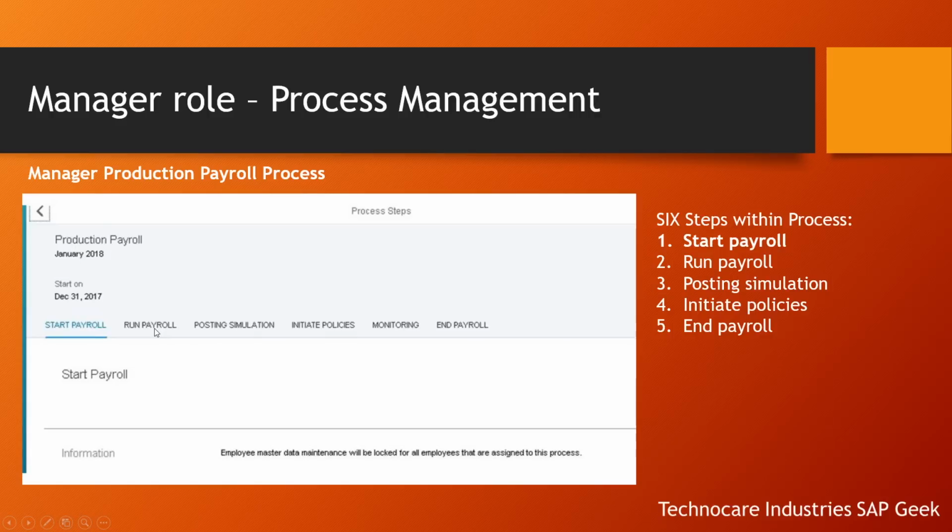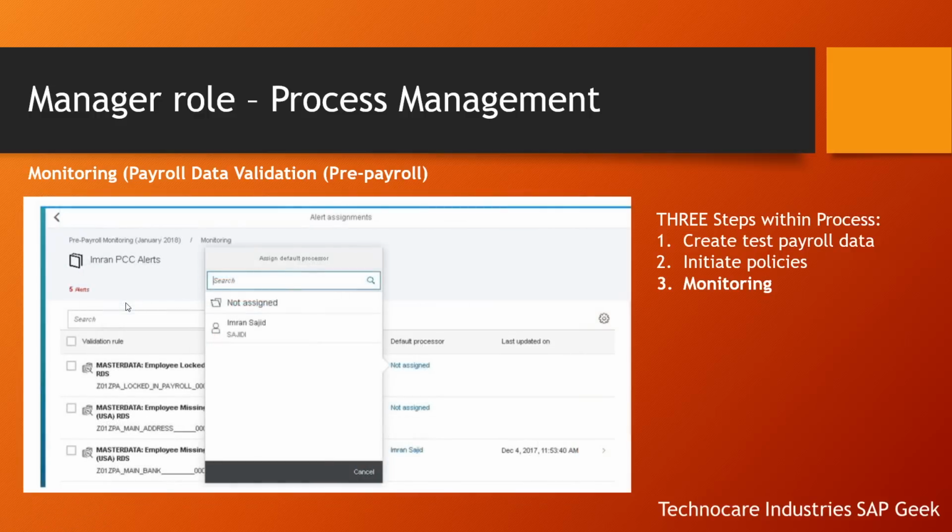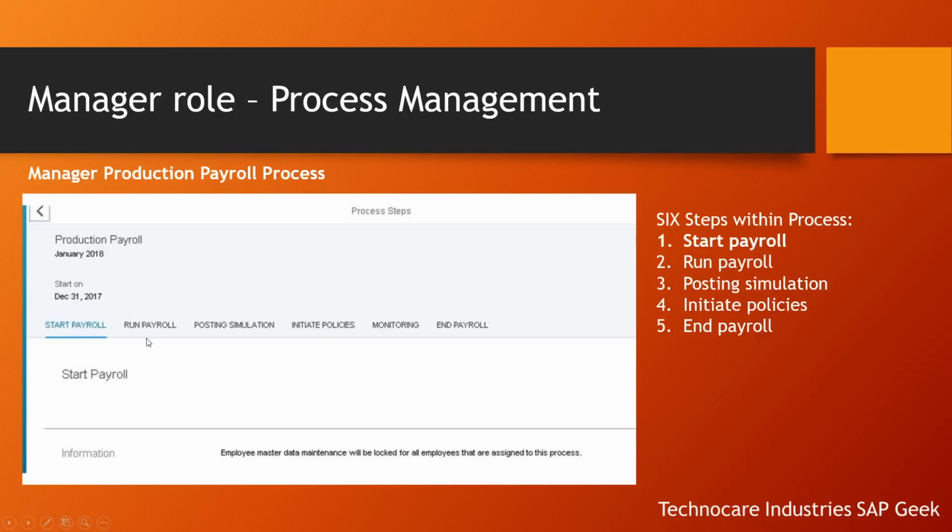Now, the key difference between the run payroll step and the step which was there in the monitoring process, which is create test payroll data, is that in create test payroll data only simulation payroll results are created, whereas in run payroll the actual live payroll results will be created.